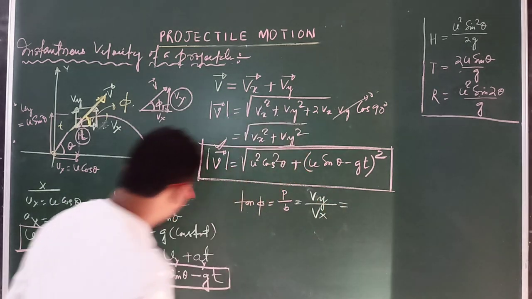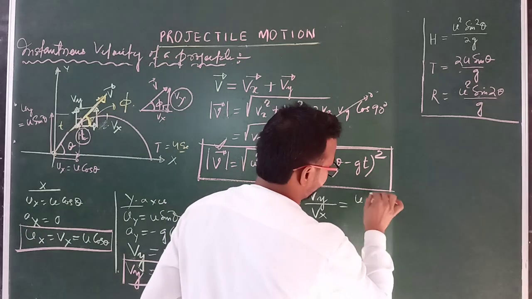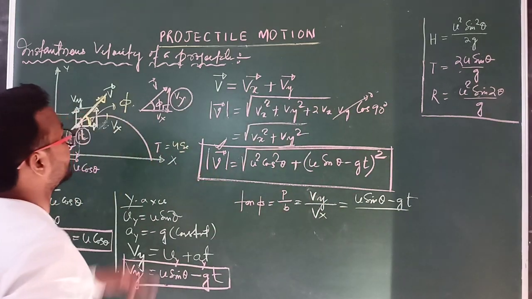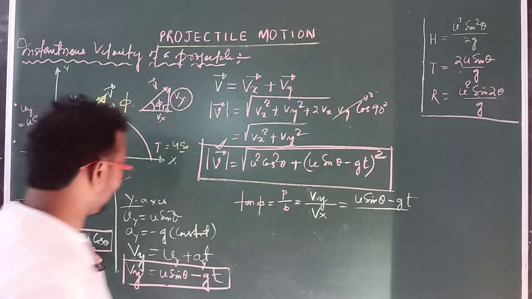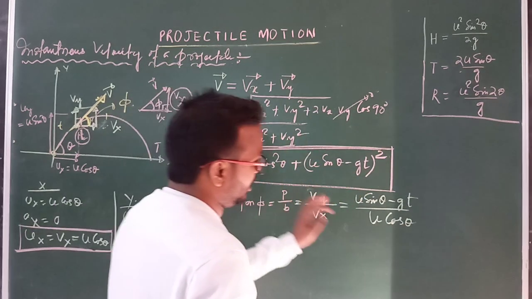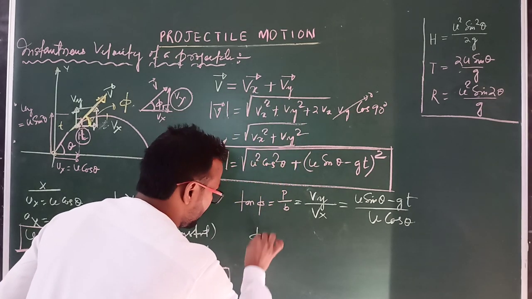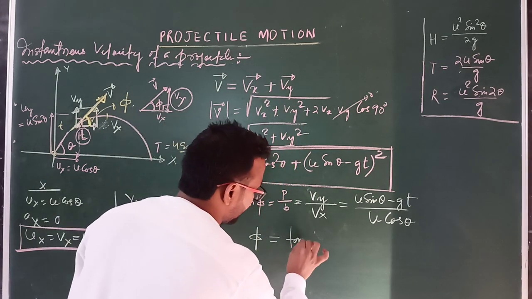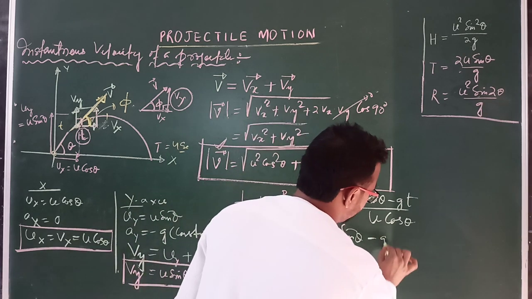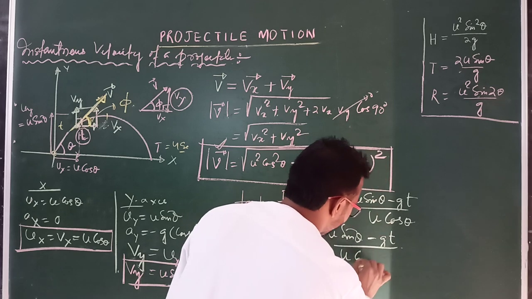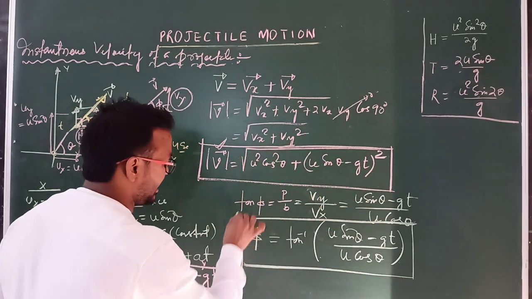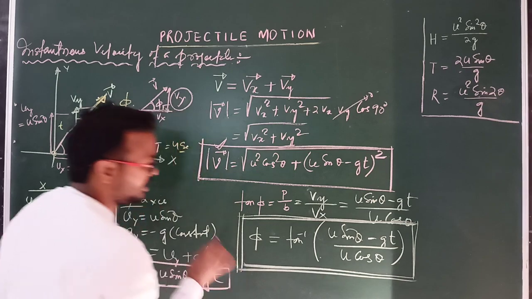And what is Vy? u sin theta minus gt, divided by Vx, which is u cos theta. Clear? Or you can solve this relation, then you can find the direction phi equal to tan inverse of u sin theta minus gt divided by u cos theta. This is the final expression for the direction of instantaneous velocity at this particular instant of time.